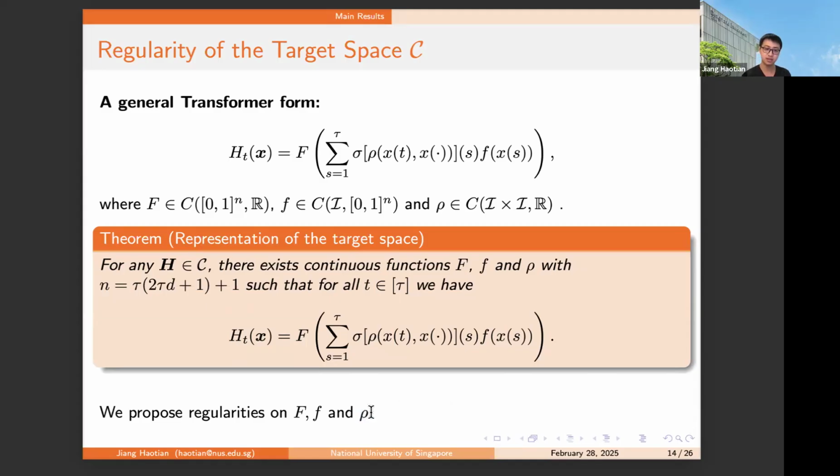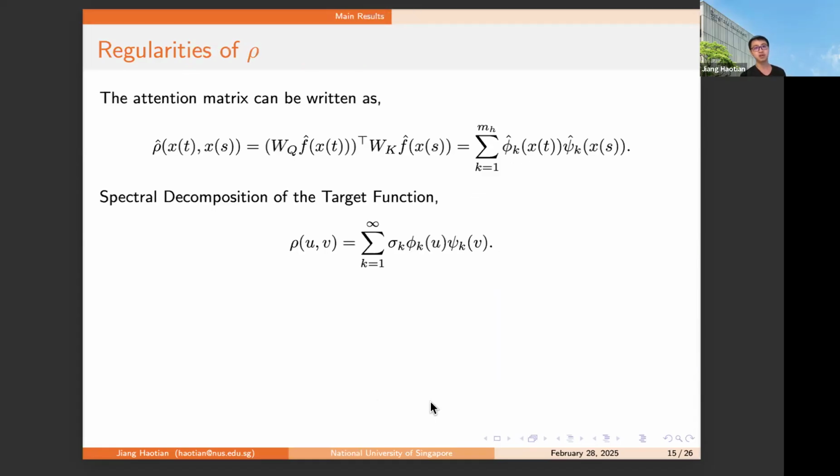Since the approximation using attention is the most interesting one, let's first look at it. The attention matrix is written in this form, and we can rewrite it in the following form. We can see that the attention mechanism is basically a product of the input and output mappings separately.